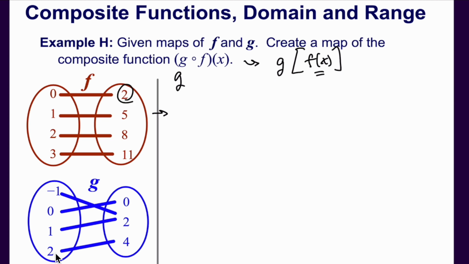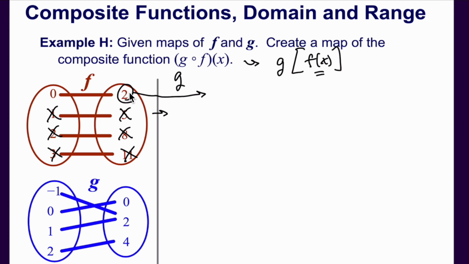So this gets plugged into g. These don't. So if these can't get plugged into g, then this cannot be part of the domain of the composite function, because they lead to these outputs that are not inputtable into g, if that's a word.